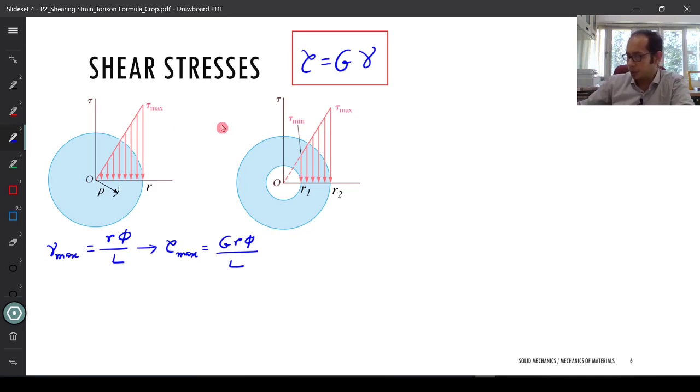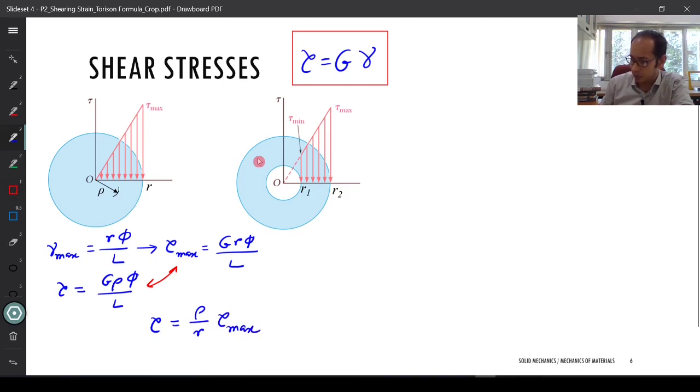And so this is the maximum tau which is happening at the exterior, and at any general radius rho, my tau is going to be G rho phi divided by L. Now again, correlating these two expressions, what I get is the generic expression that tau at any point is rho divided by R tau max, right? This is for the solid shaft.